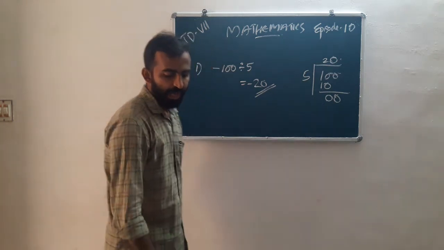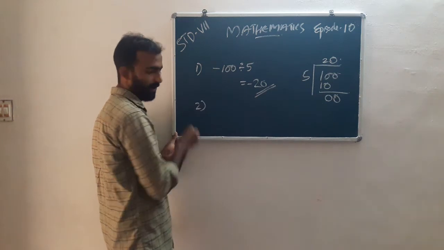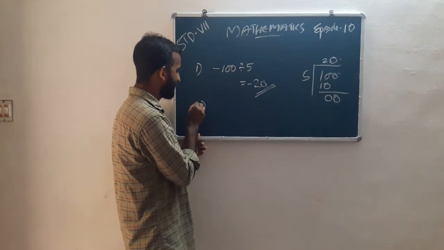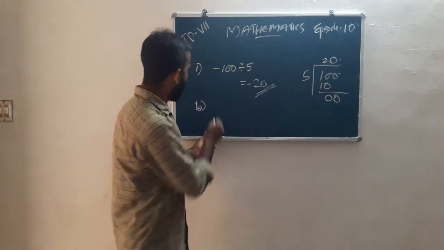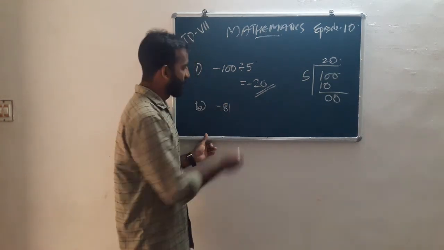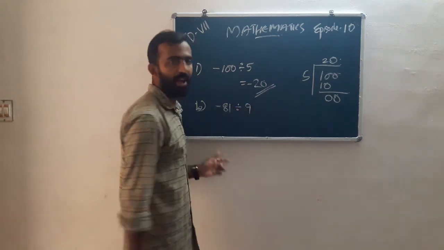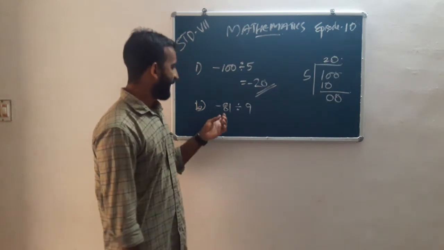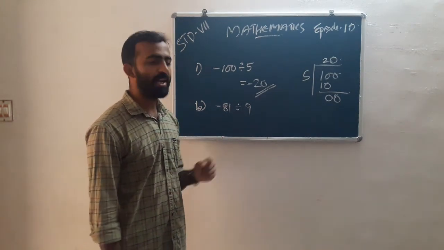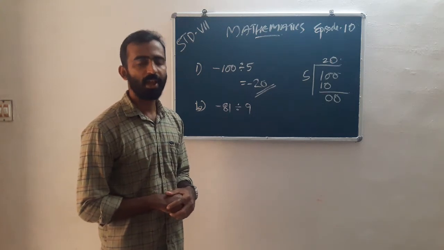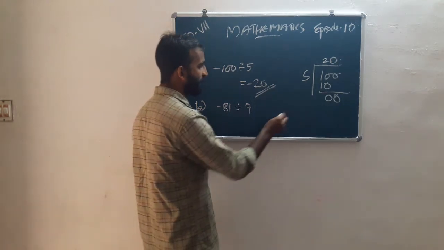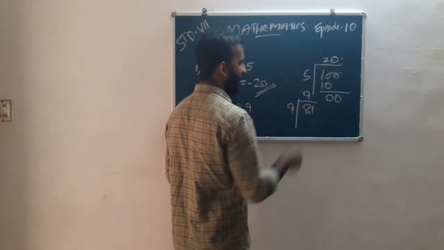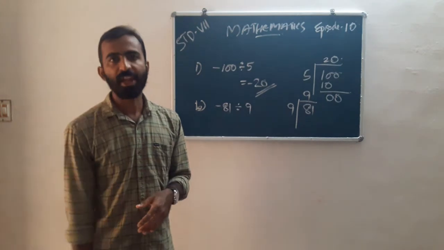The second one: negative 81 divided by 9. Here also 81 is a negative integer and 9 is a positive integer. 9 into 9 we get 81.